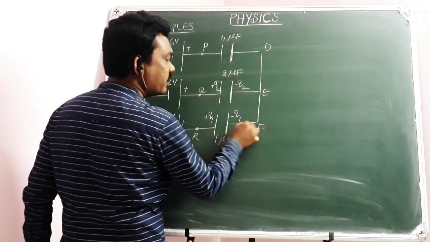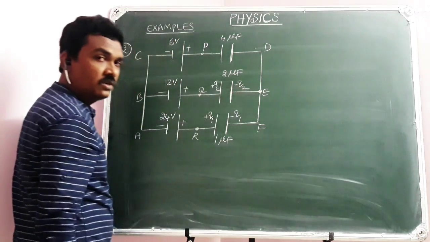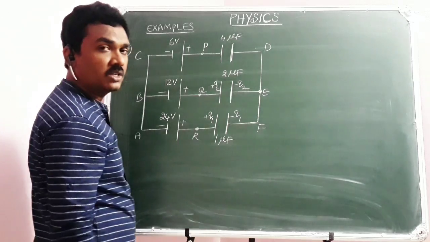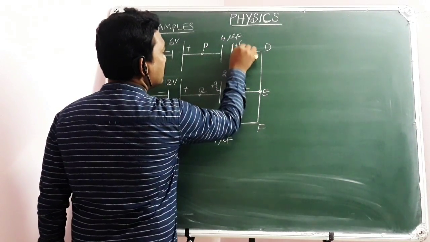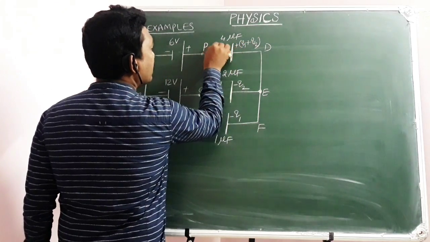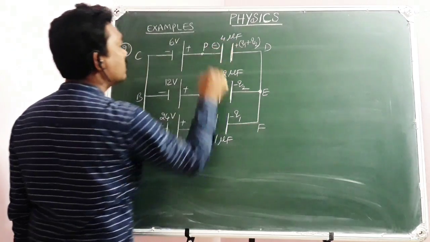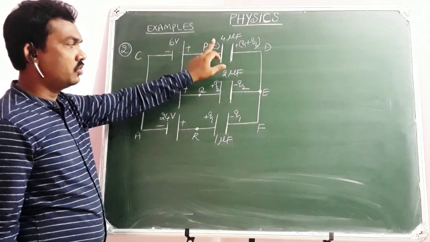All these isolated plates of capacitor are meeting at a junction E, so that their algebraic sum of charges will be 0. Minus Q1 minus Q2, you can expect this is a plus of Q1 plus Q2, so that this will be minus of Q1 plus Q2. Hope you can guess.